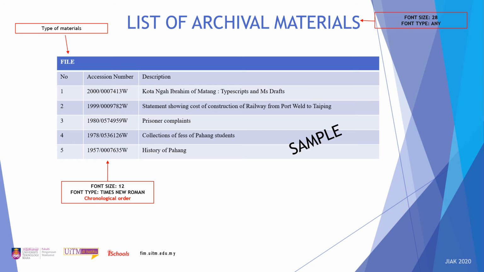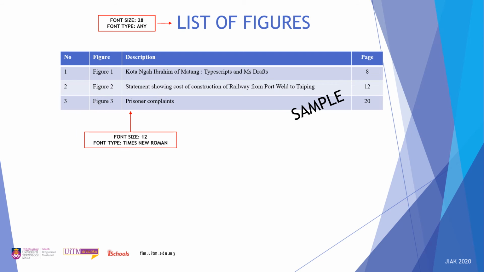Okay, next one. This one is the list of figures, where all the figures, regardless of whether it is a document, photograph, poster, or anything, must have a title and be captioned.